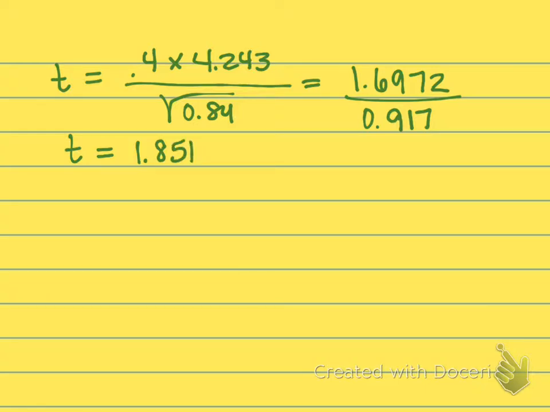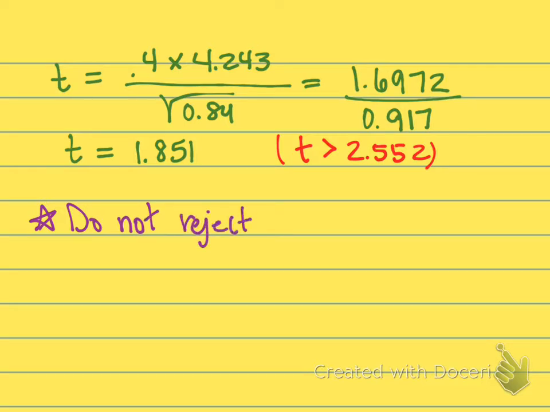1.851. And recall our decision statement, we were going to reject if our t was greater than 2.552, which in this case it is not. So my conclusion is we do not reject the null hypothesis.